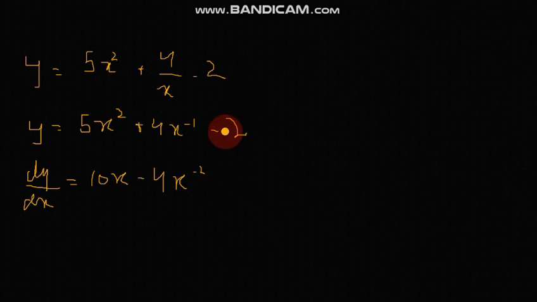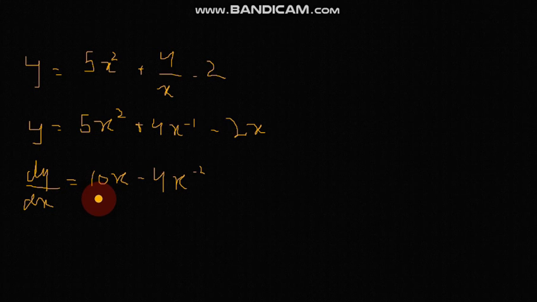Okay, and this minus 2 will cancel. Why? Because we know that this is x with power 0, and when 0 is multiplied by 2, the whole thing cancels out because it becomes 0. So this is our derivative.